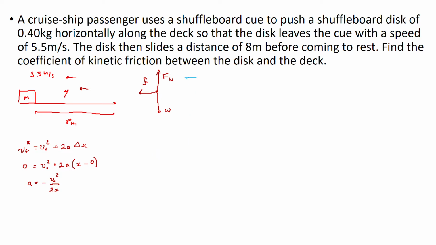We do the sum of all the forces in x. What do I have in x? I just have the friction force going in the negative direction, and that's equal to mass times acceleration. I also know that the sum of all the forces in y is equal to the normal force minus the weight, and it's equal to 0.